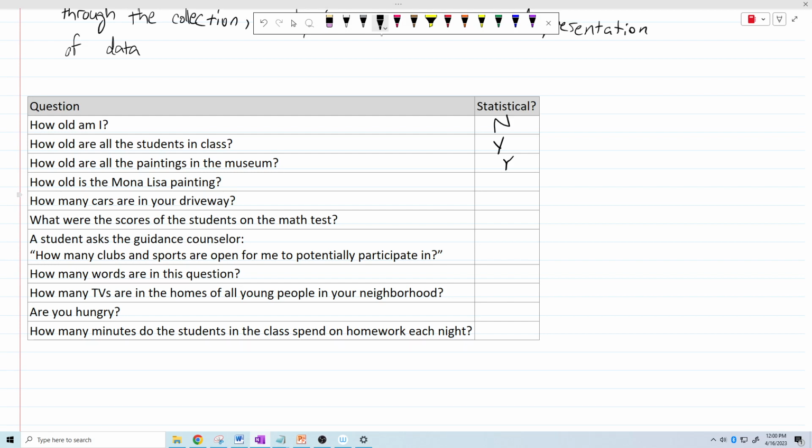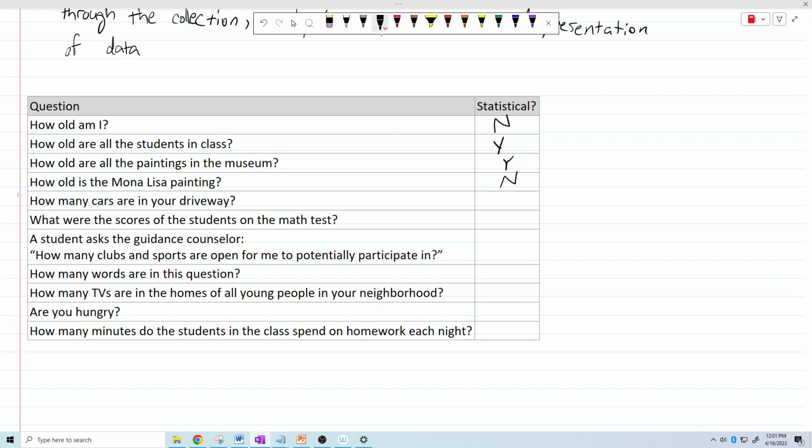On the flip side, how old is the Mona Lisa painting? Well, it's just one painting, which we know the age of. Can I get a variable answer from that? No, not really. So it's not a statistical question.